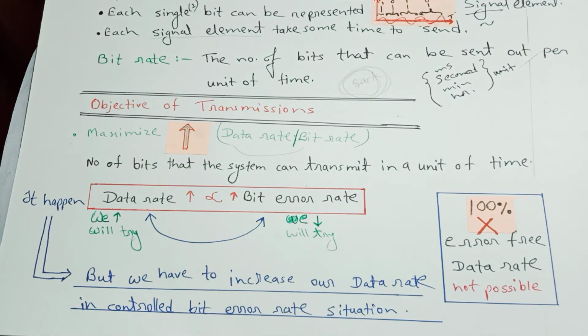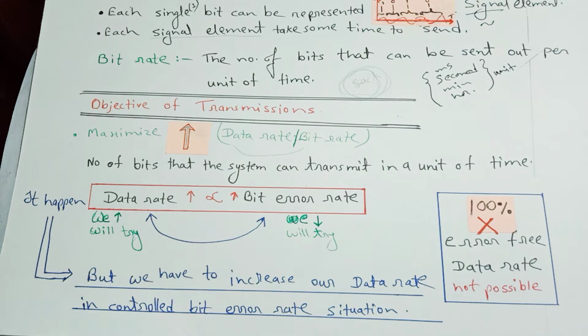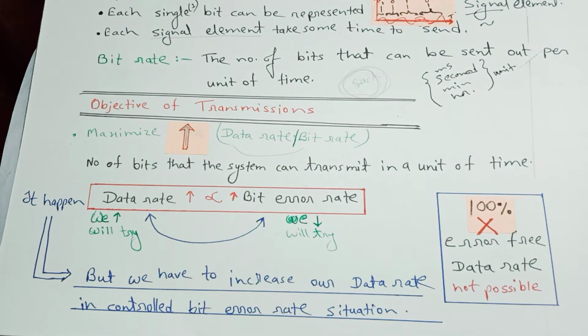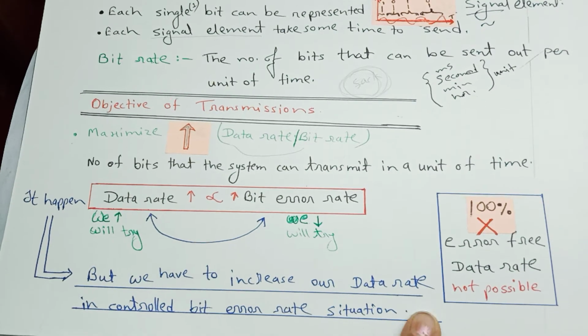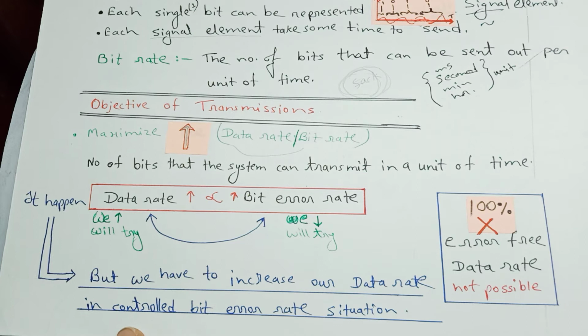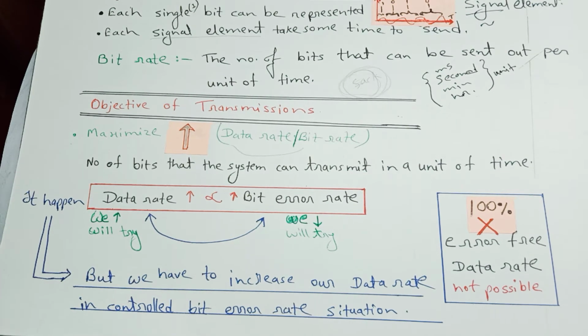But as the data rate is increased, the bit error rate also increases. So we want to increase our data rate in a controlled bit error rate situation.